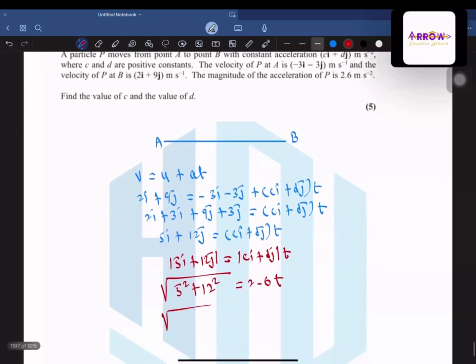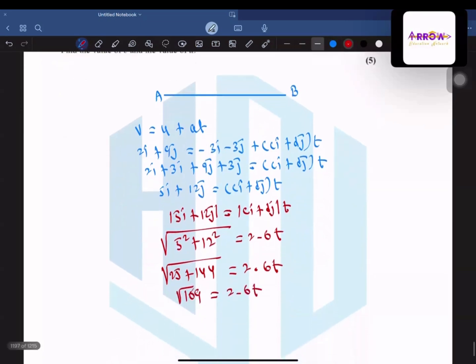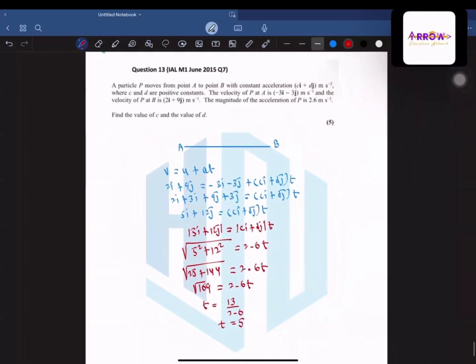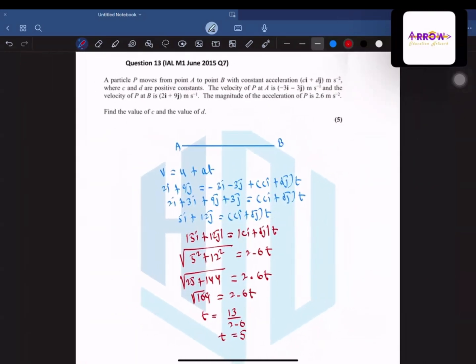So the square root of 25 plus 144 is equal to 2.6t. This is the square root of 169, which is 13. Therefore, t is equal to 13 divided by 2.6. So what is the value of t? 13 divided by 2.6, the value of t is equal to 5. So we have successfully found the value of t, which is 5.